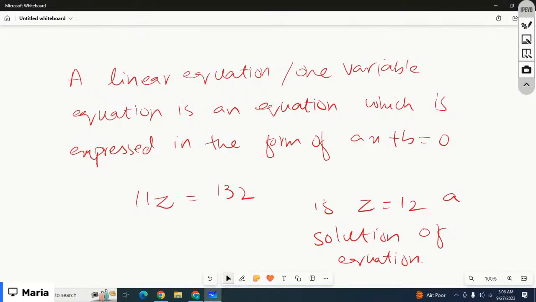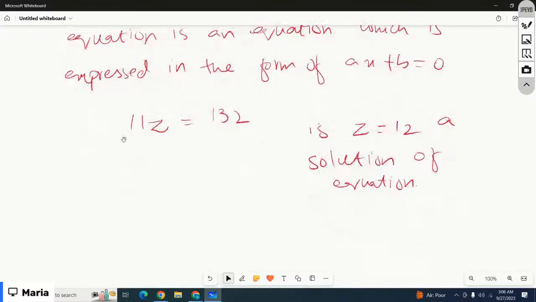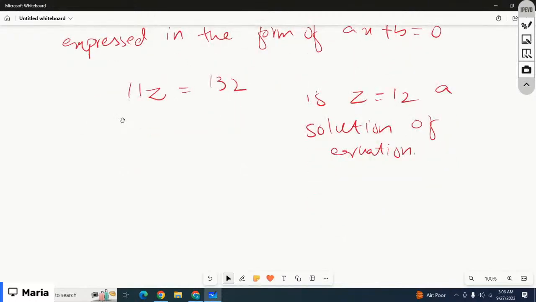You simply have to replace the variable with the value. Here 11z equals 132 and the solution is z equals 12. Just replace the z with 12.